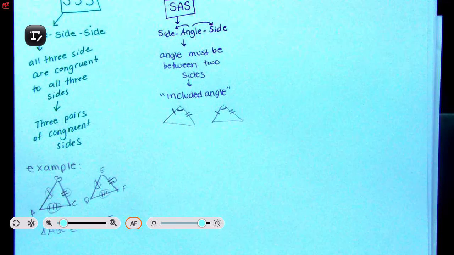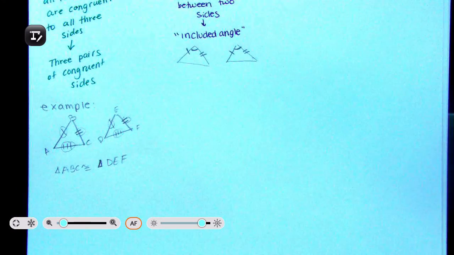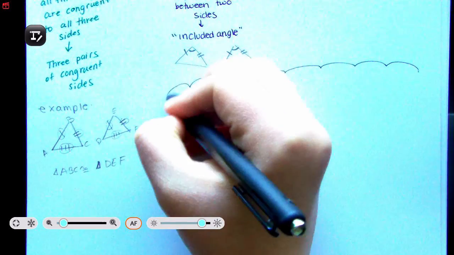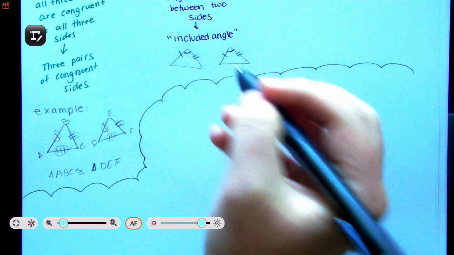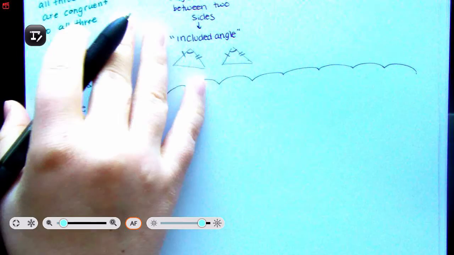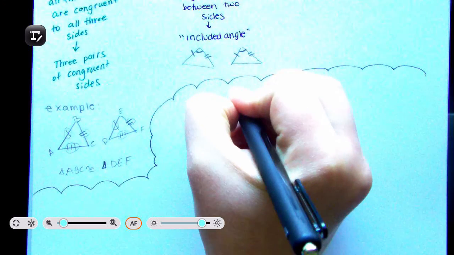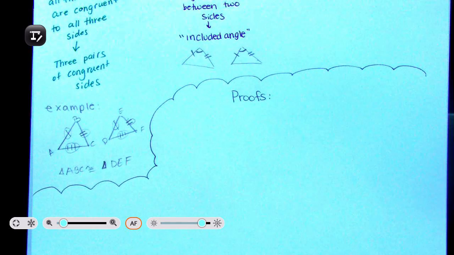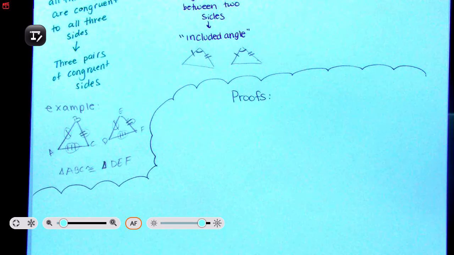How we are going to structure our questions. Let me put a thinking bubble here. It's going to be a pretty large thinking bubble just to separate my work. So in this section, we're going to be talking about proofs. And depending on who your teacher is, there are two ways to prove something.